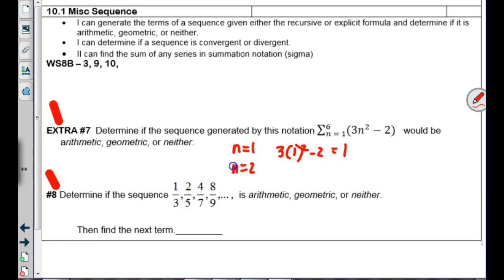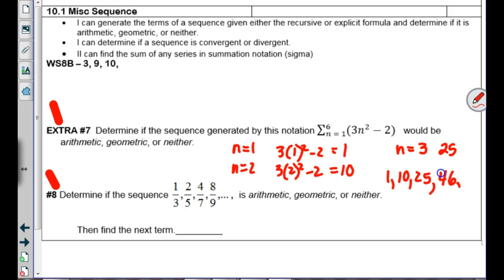If I put in a 2, I get 3 times 2 squared minus 2. 4 times 3 is 12, minus 2 is 10. Anybody checking me here? If I put in a 3, I would get 27 minus 2 is 25. 1, 10, 25. Is anybody checking this? Put in a 4, 16 is 48, 46, I think.